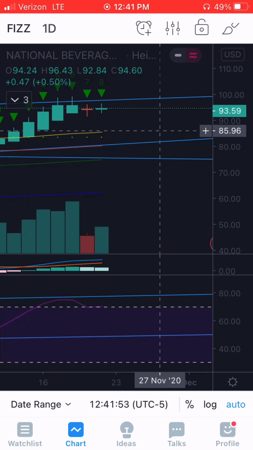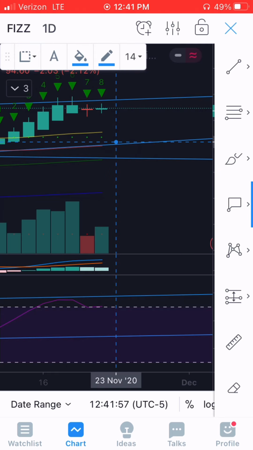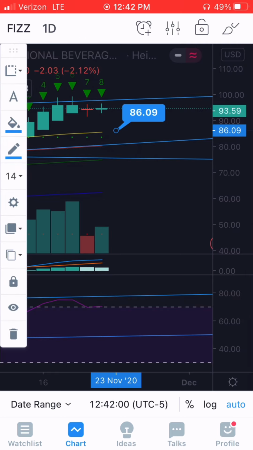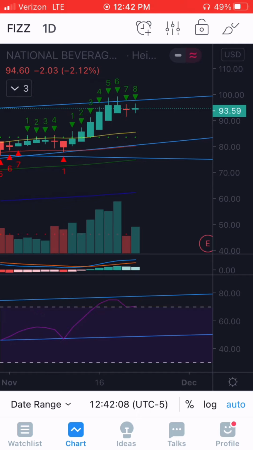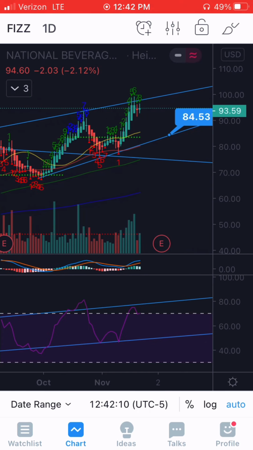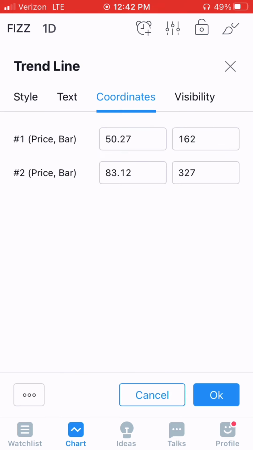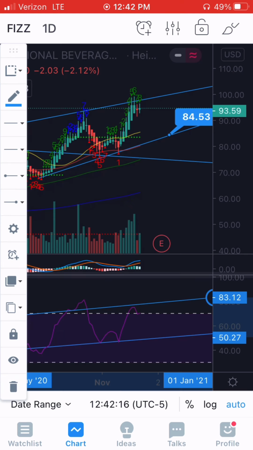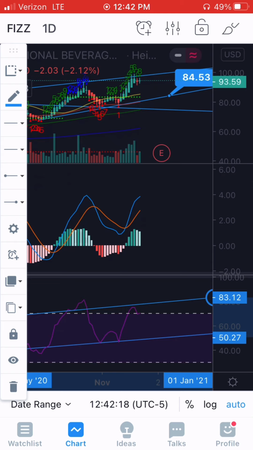So if we get a red 9 flash there, and usually the lower time frames tell you what's going to happen to the bigger time frames ahead of time. So on this daily, we could be seeing a red 9 TD flash, which is going to cause a lower correction. Our daily is at 86.15, our daily 20 EMA, the yellow line. But our bottom of this channel is around 84.53.